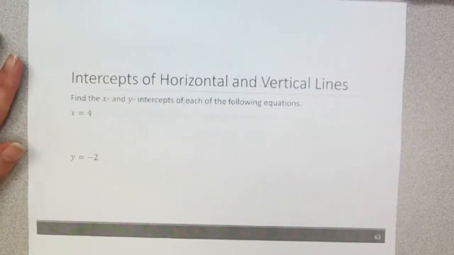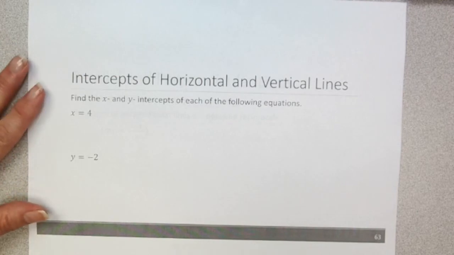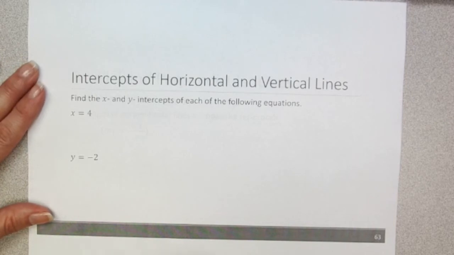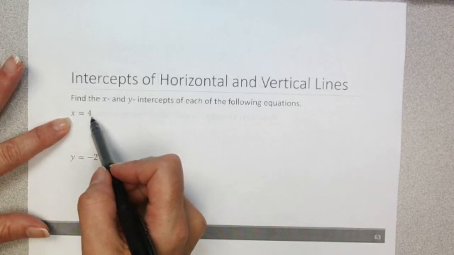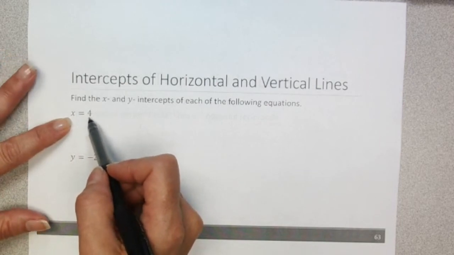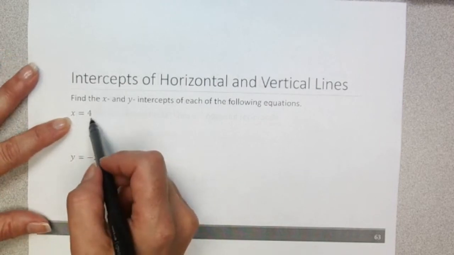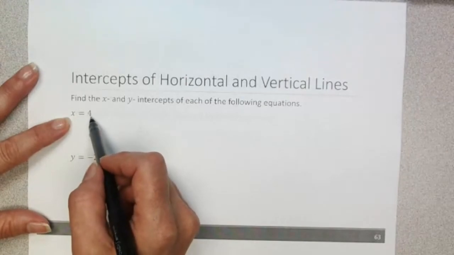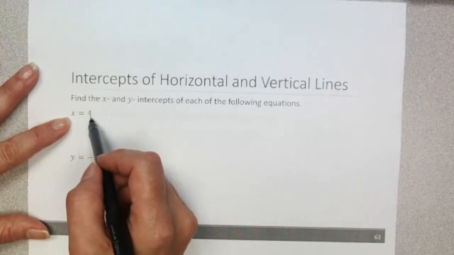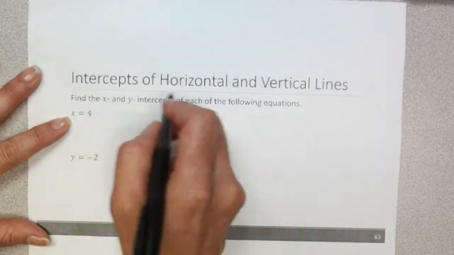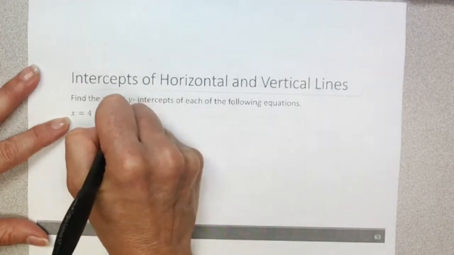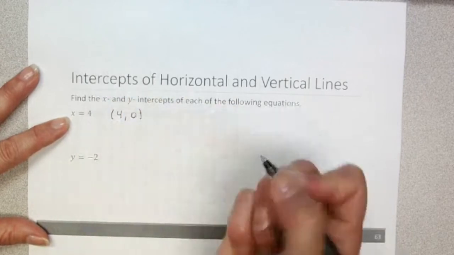The intercepts of horizontal and vertical lines are always going to have one of the coordinates be 0, right? Here we have x equals 4. That, of course, is a vertical line. It intercepts the x-axis at 4, but the intercept itself has the coordinates 4, 0.